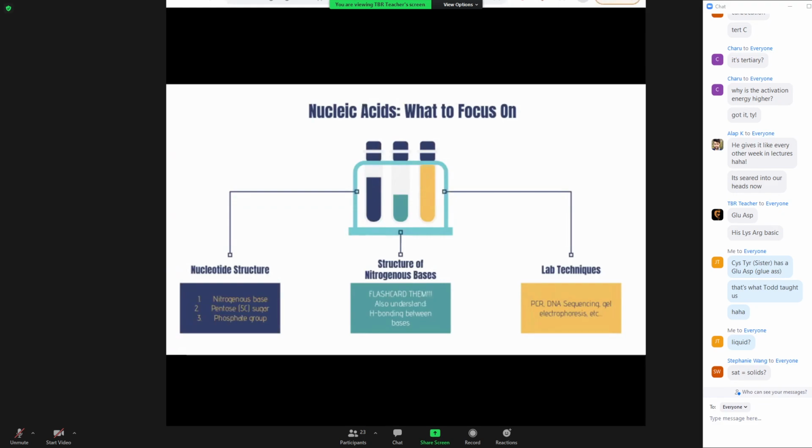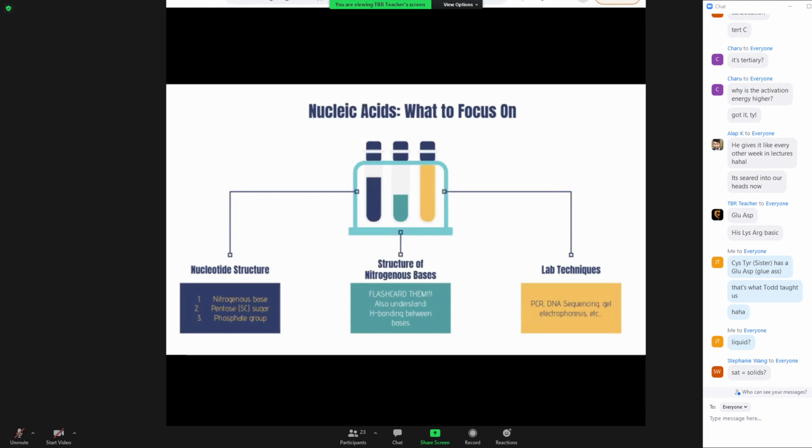I've also had people come to me wishing that they had known to study the structure of the bases. So you heard it here, know the bases, know what they look like, and also understand the hydrogen bonds between them. I don't remember if it was on my MCAT or practice materials, but there were questions about how many hydrogen bonds each base donates or accepts and where.